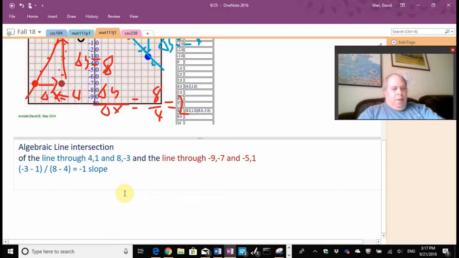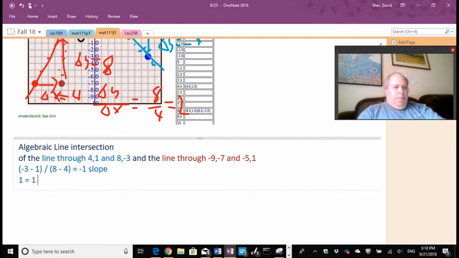The way I like to do that is I take 1, the y value, equals the slope -1 times the x value, which is 4, plus the intercept. Because remember, y equals slope times x plus intercept.